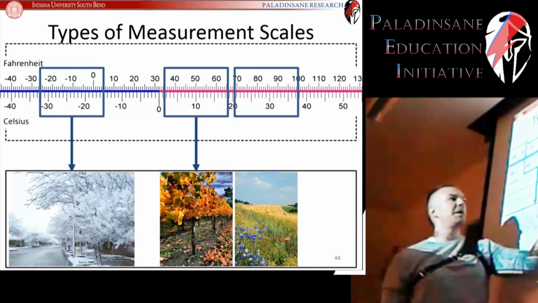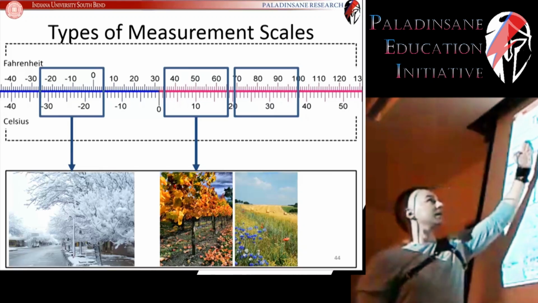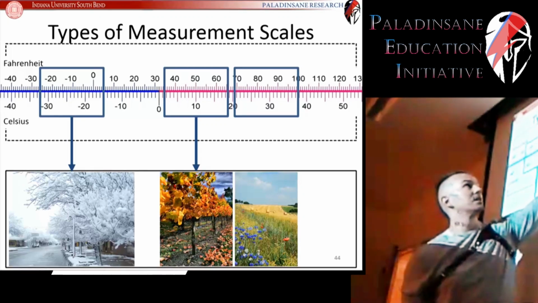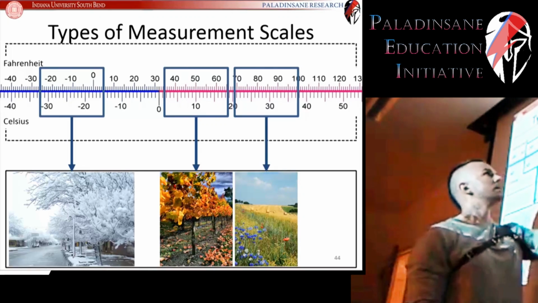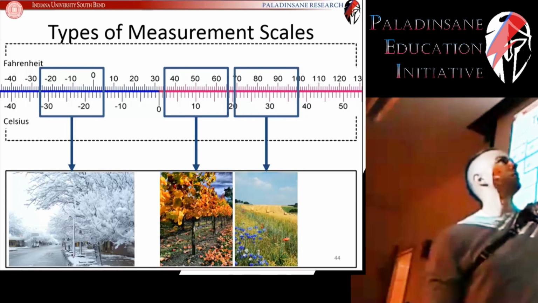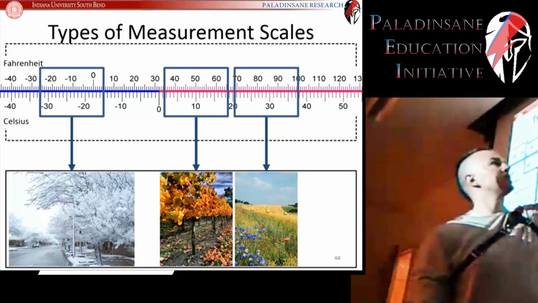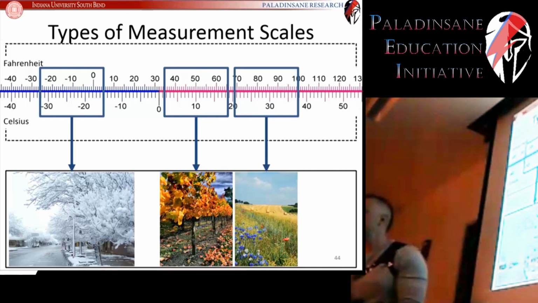So this big difference between the winter's day and the autumn day is represented by a correspondingly big difference on the measurement scales. And the smaller true difference between the fall day and the warm spring day is represented by a smaller difference between those two on the measurement scale.